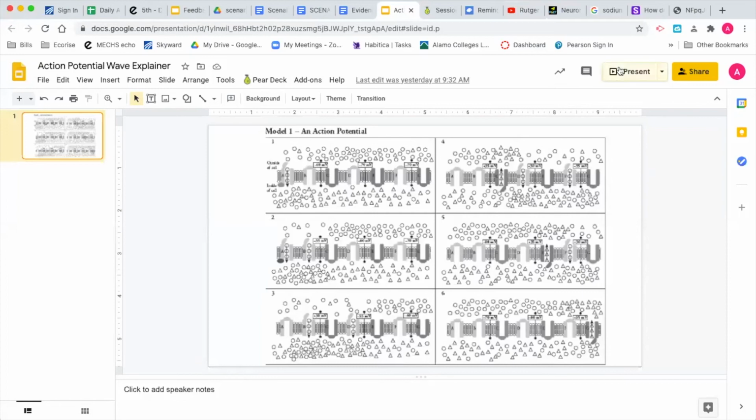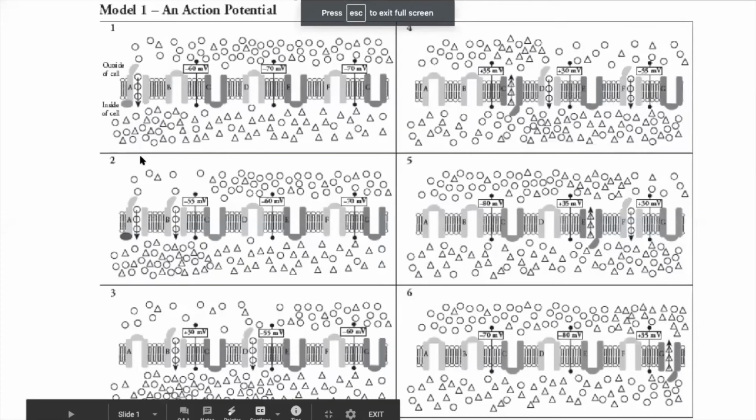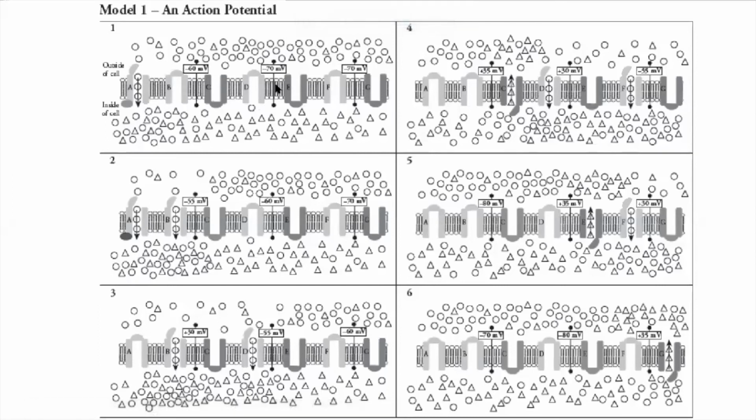So now we're back to this. Okay, so we are sitting right here where it says 70 millivolts. We've got the little circles, that's our sodium. We've got our little triangles, that's our potassium. Here's our channel proteins, here's sodium, here's potassium. Okay, we're sitting right here. But look what's happening to the person next to us.